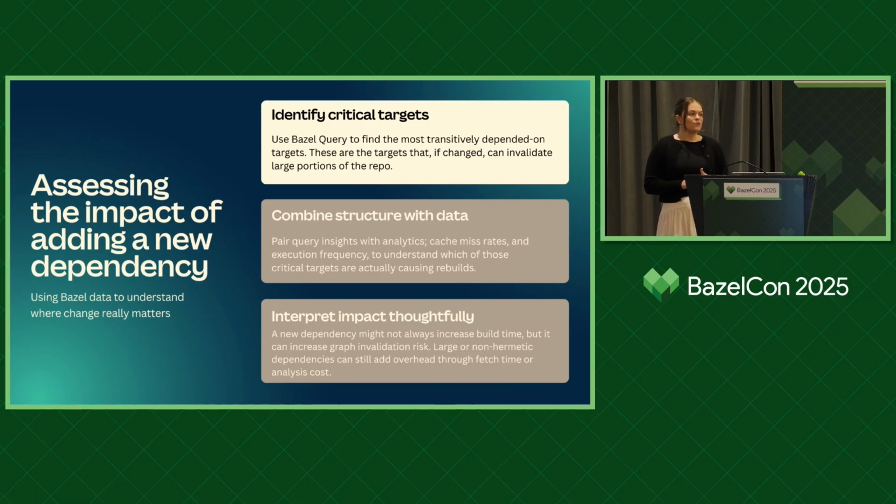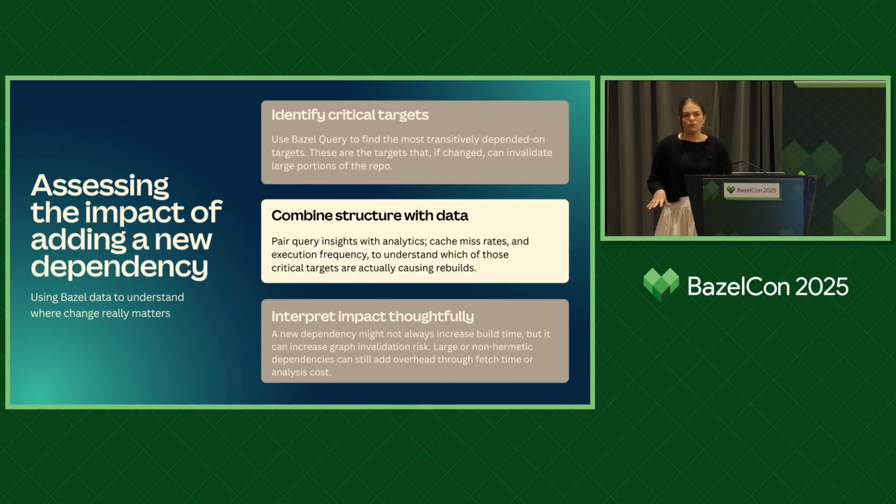These are the ones that are central in your build graph. If those change, they can invalidate a large part of the repo. Then you can combine that with some analytical data, like cache miss rates or execution frequency. And with this, you can then see which of those targets are actually triggering rebuilds.